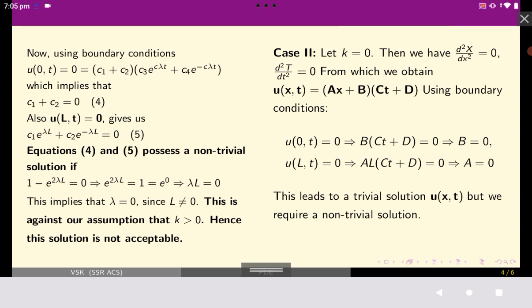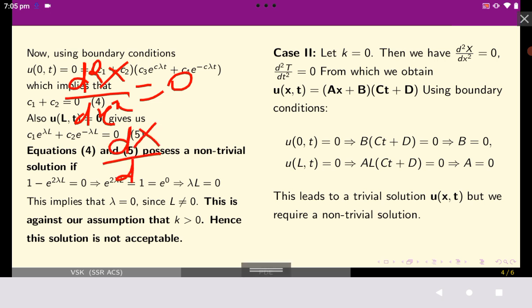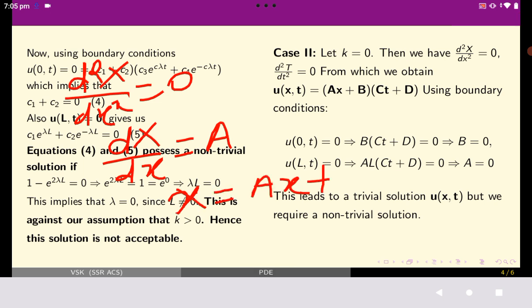How to solve this? d2X by dx square is equal to 0. So finding the first derivative by integration, you will get dX by dx is equal to, say, some constant a, and when we integrate one more time, you will get capital X is equal to ax plus b.